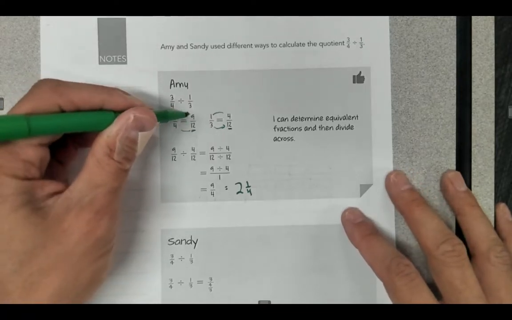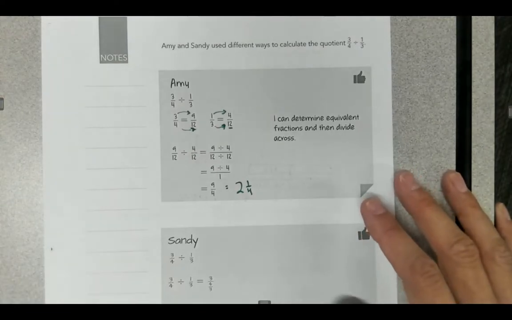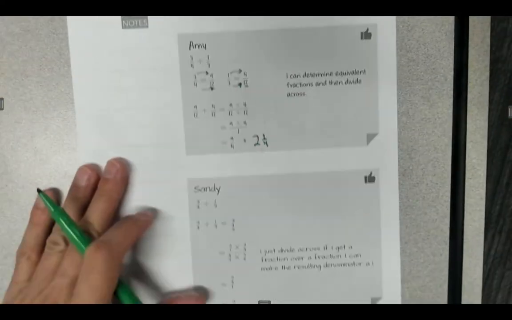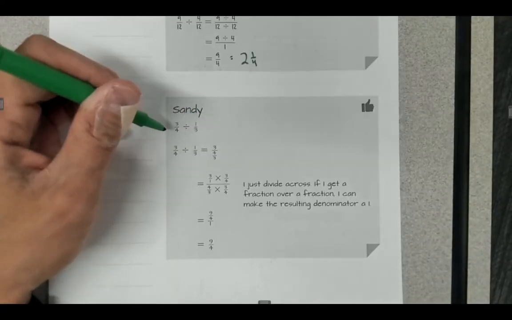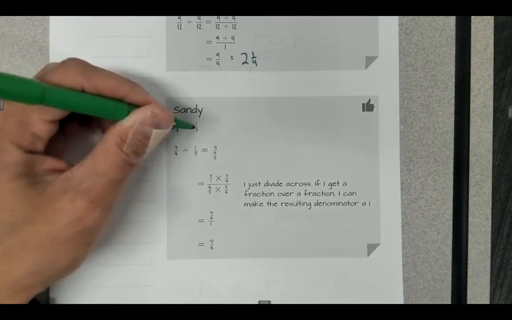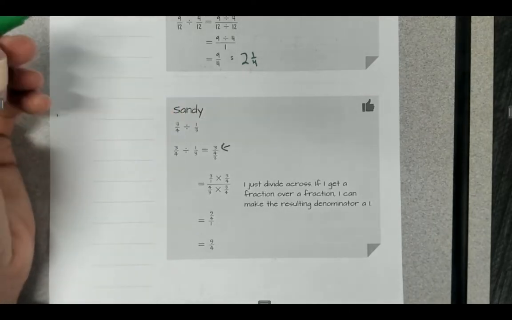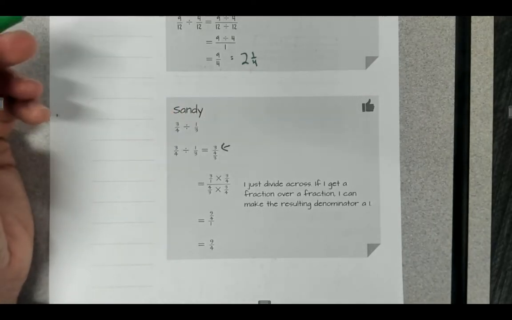However, it becomes kind of a pain in certain situations for sure. Sandy started to show us why we multiply by the reciprocal. And so she decided that I can write this division problem as a complex fraction. That's what this is. That is a complex fraction.